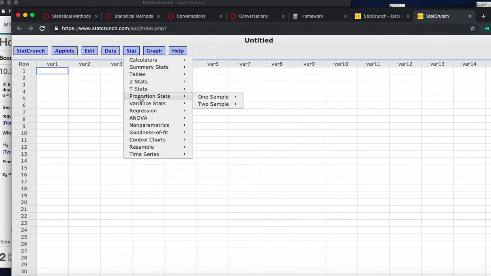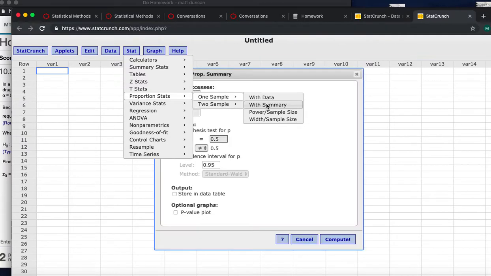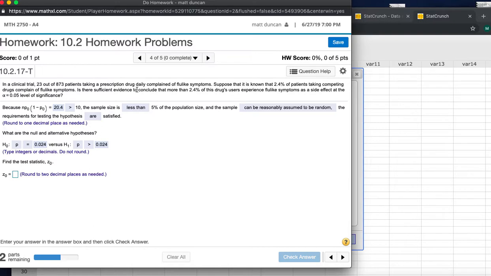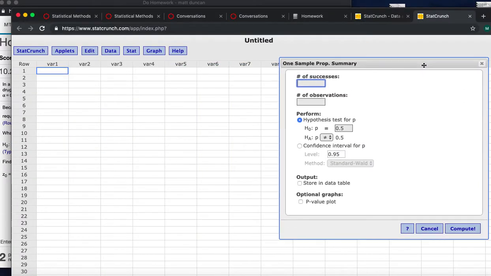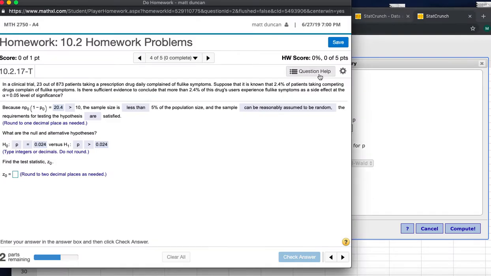We're working with proportions. We have one sample, and I have summary, I don't have a list of people. What was it? Complain of flu-like symptoms. So I'm using the summary. It says in the problem we need to figure out how many out of our sample complained of flu-like symptoms.